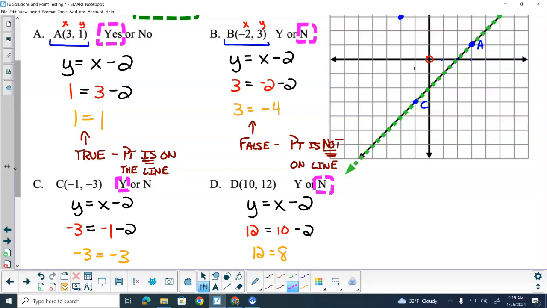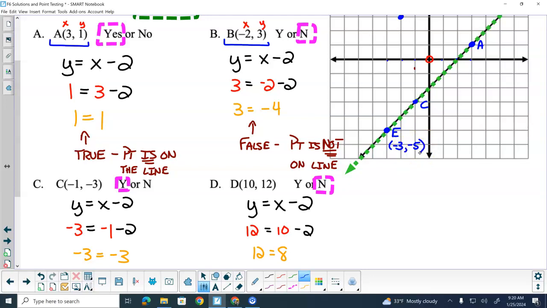So wherever you want, it's got to be on that line. I'm going to pick my point E right there. My point E would have the coordinates negative 3, negative 5.